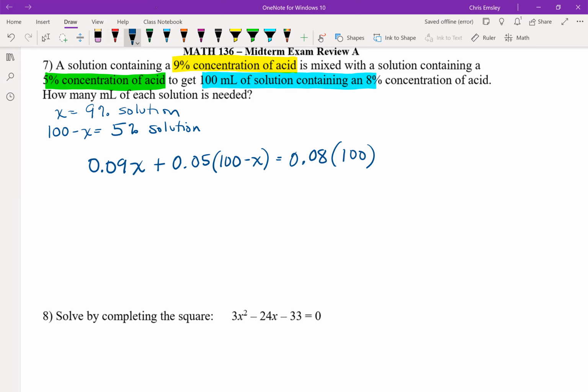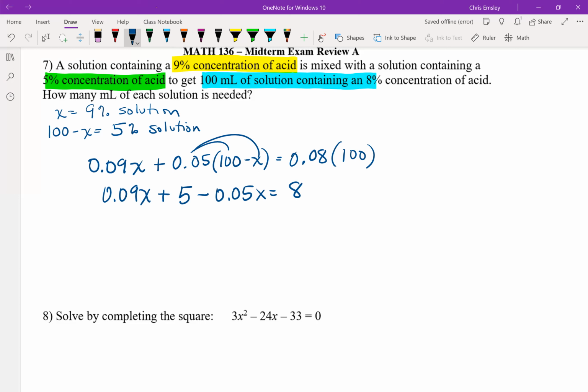So we're going to go ahead and do some distribution here. Pen's not wanting to change colors. I don't know why. I guess we'll stick with blue, navy. 0.09x plus 0.05 times 100 is just 5. 0.05 times negative x. And 0.08 times 100 would be 8.